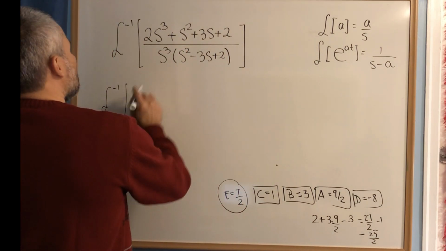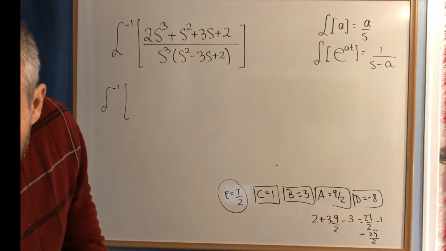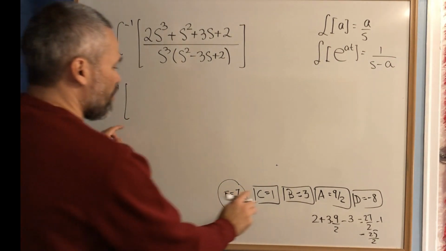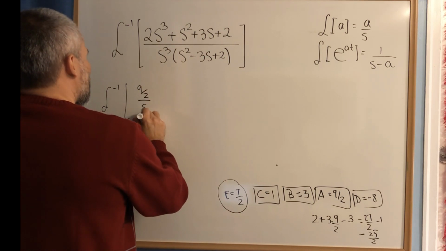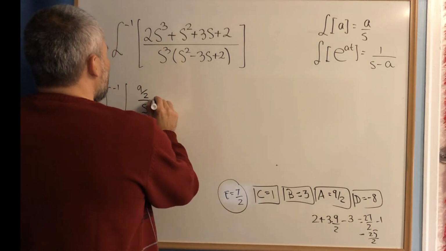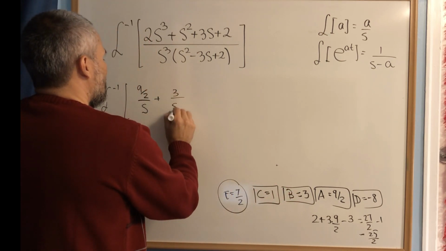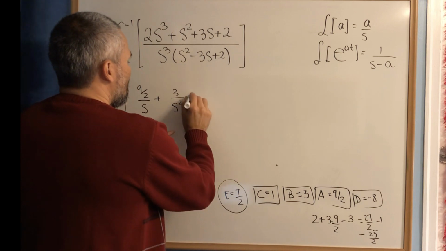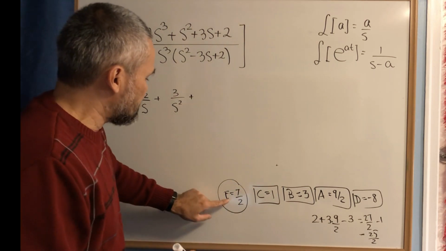the Laplace transform inverse, this fraction can be written like a over s, 9/2 over s, plus b over s squared, which means 3 over s squared, plus c, what is c?